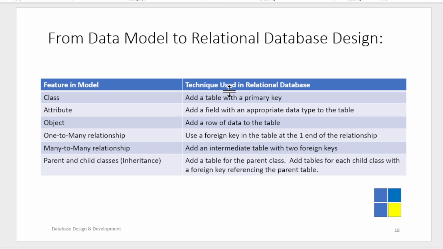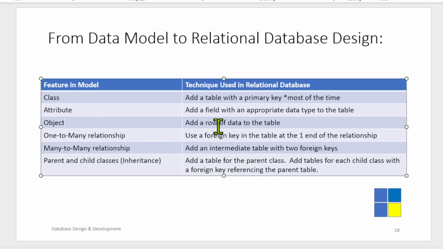In the relational database, you're going to create a table with a primary key. Most of the time, you can have tables without primary keys; they're not required all the time. We'll take the attributes from your UML class and create fields or columns with an appropriate data type in the table.